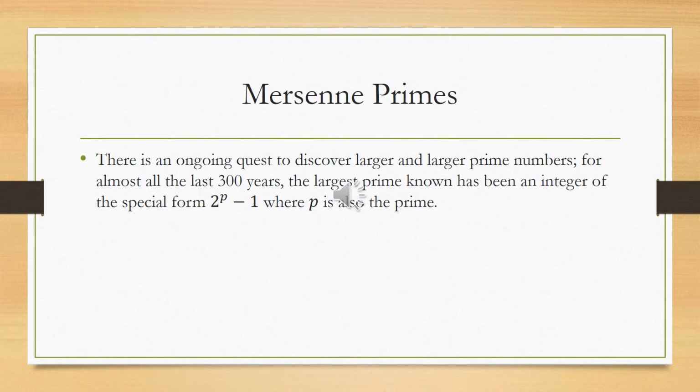Mersenne primes. There is an ongoing quest to discover larger and larger prime numbers. For almost all the last 300 years, the largest prime known has been an integer of the special form 2 raised to the power p minus 1, where p is a prime number.